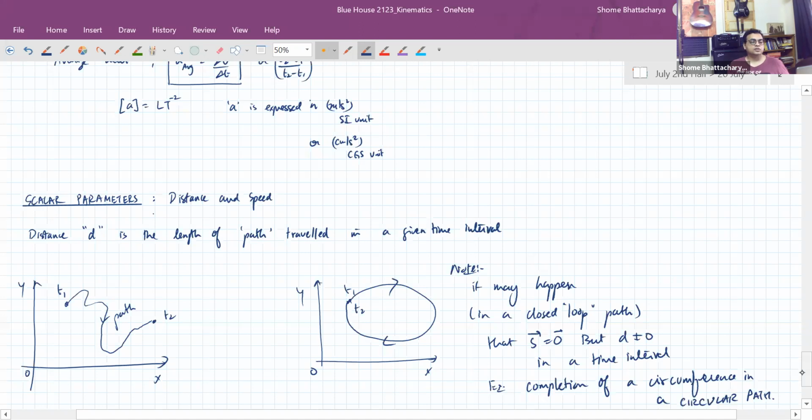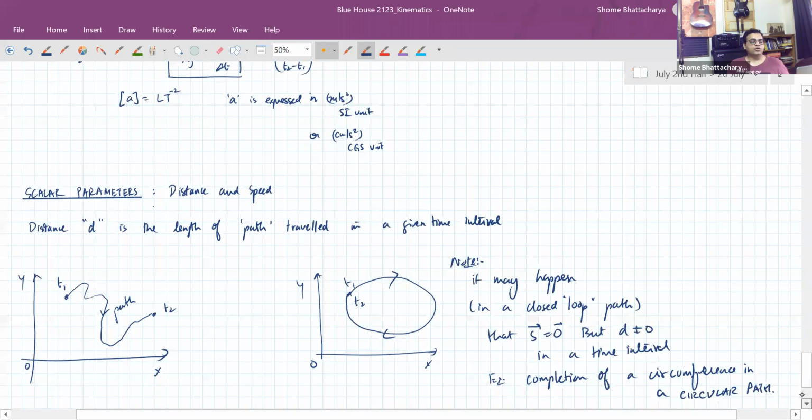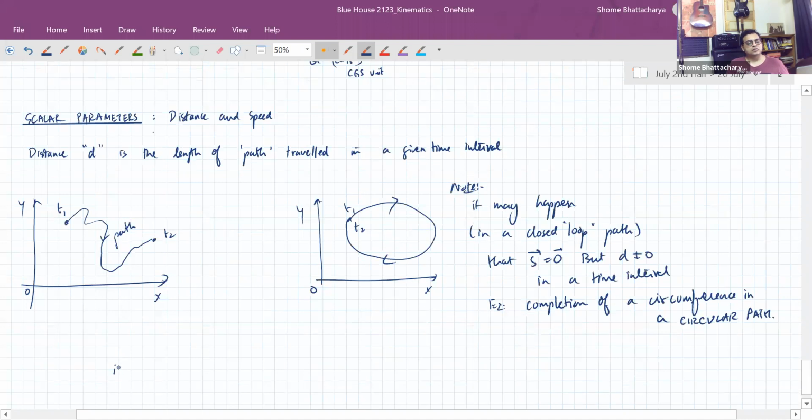That's an example of something where, so in general, what will happen is the magnitude of displacement will always be less than or equal to the distance.